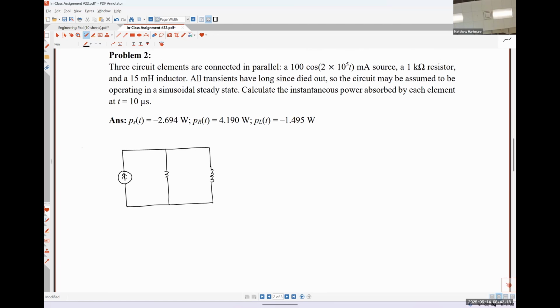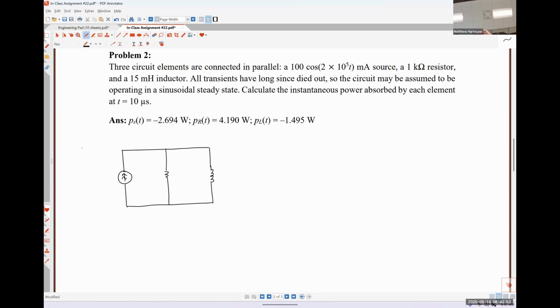Now we are going to do all of our circuit analysis in the frequency domain. So I want to represent my current source as a phasor current. How am I going to take that 100 cosine of 2 times 10 to the 5 t milliamps and express it in phasor form? Our phase angle is 0, so we're going to have an angle of 0. 2 times 10 to the 5th is omega.